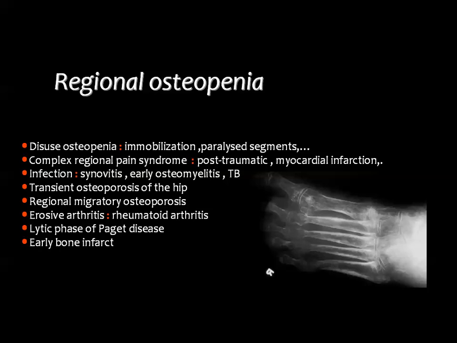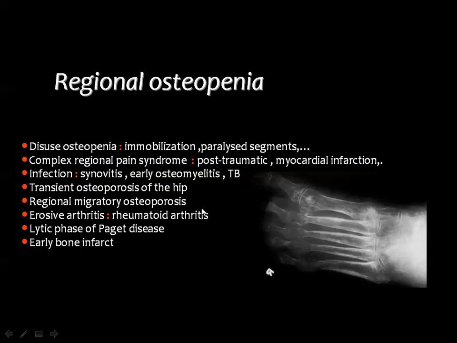This syndrome is almost of unknown etiology, but it is well documented after trauma and in some cases after myocardial infarction and so on. Then infection may lead to such an appearance. Transient osteoporosis of the hip is one of the regional osteoporoses. And if this osteoporosis is migratory, meaning that it affects multiple joints at different times, then it is known as regional migratory osteoporosis.